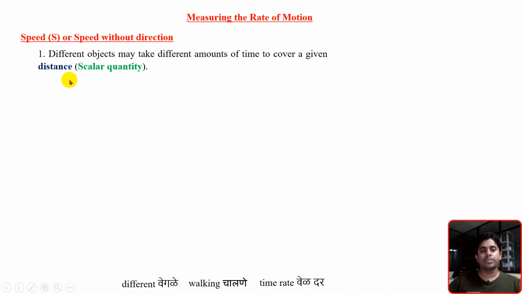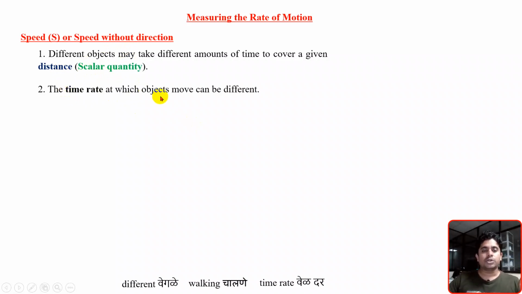In a scalar quantity, we give importance only to magnitude. We are not worried about the direction of that quantity. So in speed without direction, we can write just speed, or speed without direction. But remember, speed and distance are scalar quantities where magnitude has importance, direction has no importance.